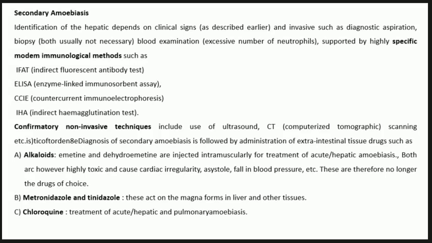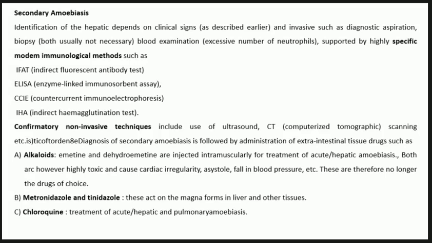Counter current immunoelectrophoresis: in this, within the gel you will have the antigen or maybe the antibodies also, and then there will be electrophoresis. You will use the serum where antibodies will be present, or otherwise it will be in the gel.